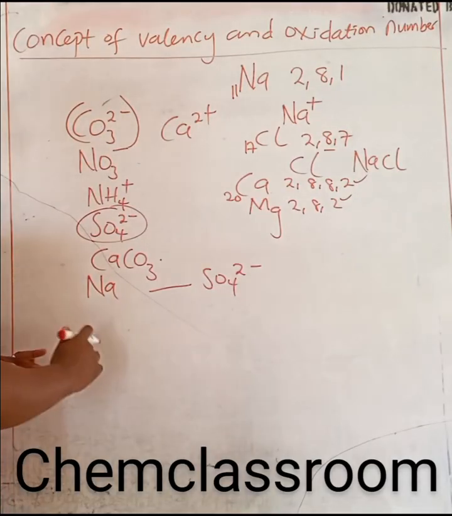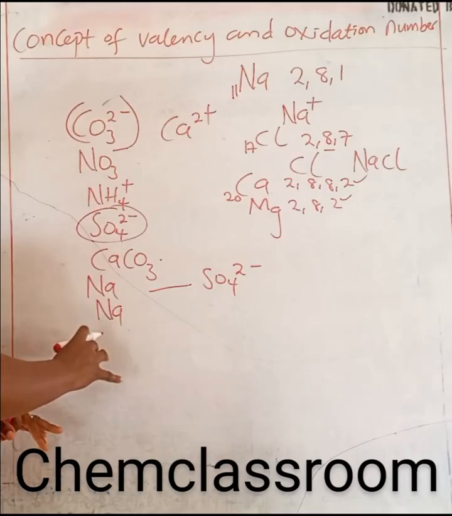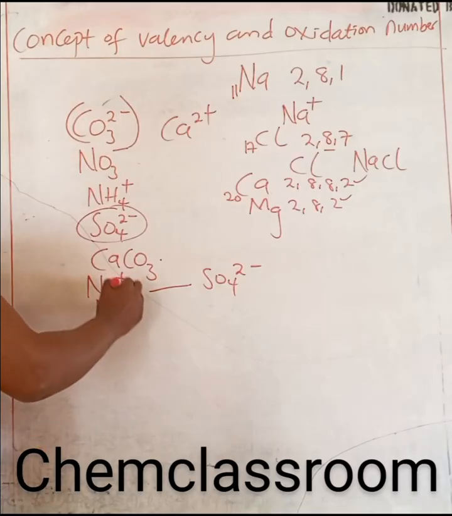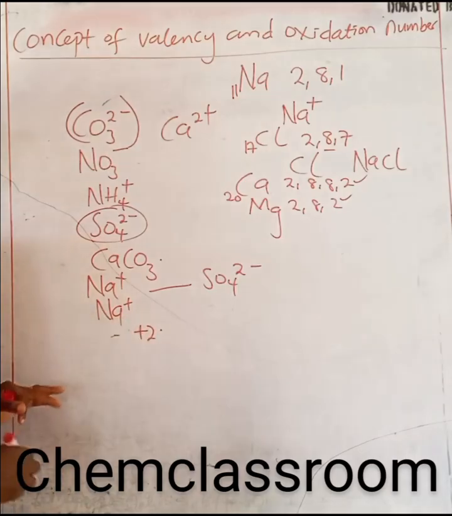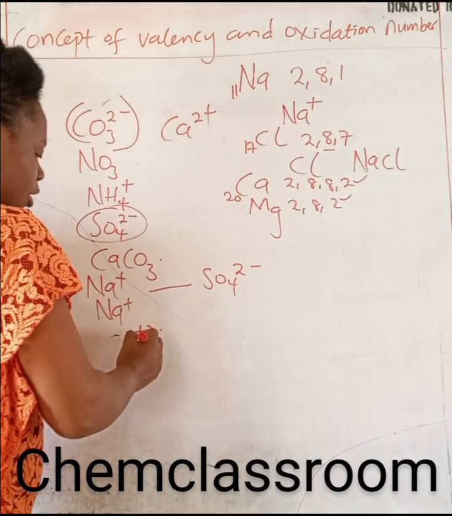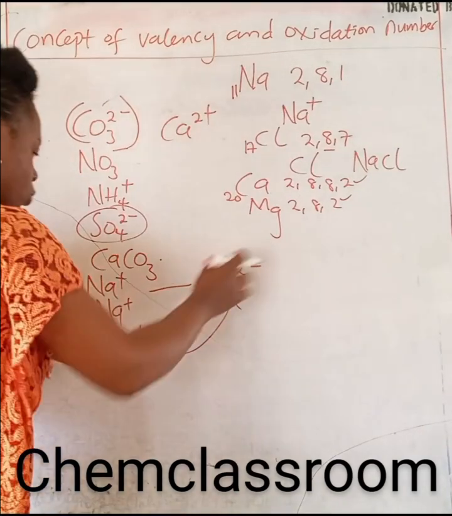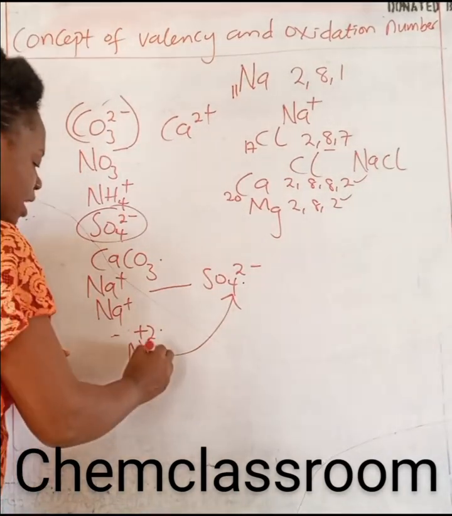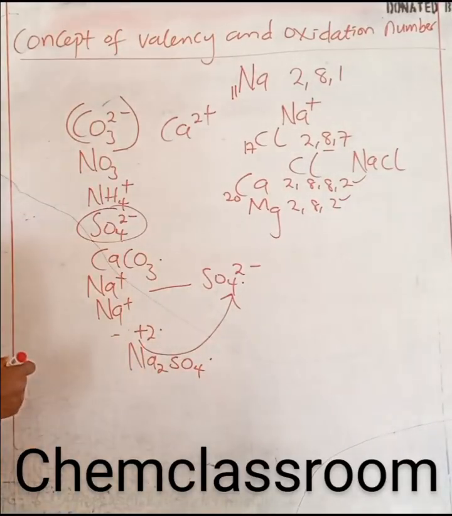So what we are going to do here is to produce 2 atoms of sodium. And these 2 atoms of sodium will give 2 electrons. With this, it is going to form a bond with the SO4. So these 2 will cross out with this. So we'll now have Na2SO4.